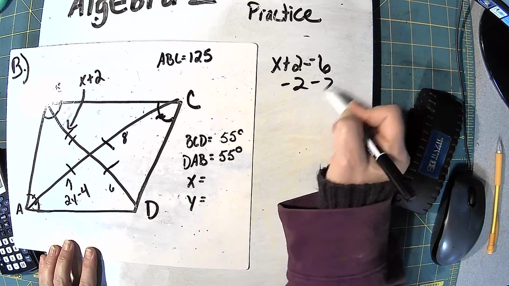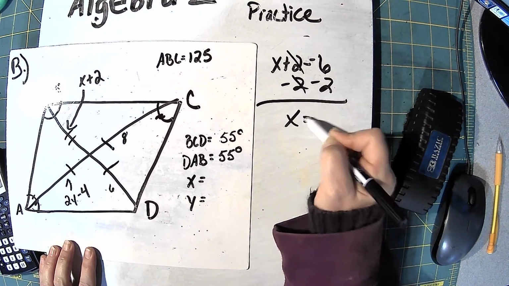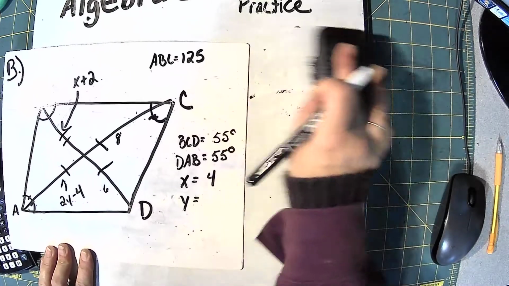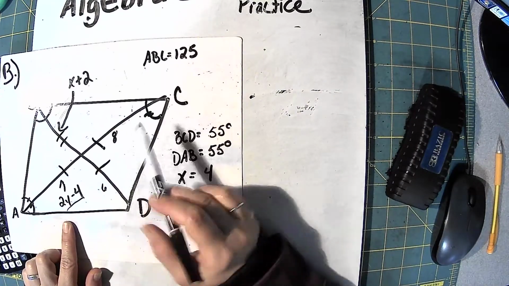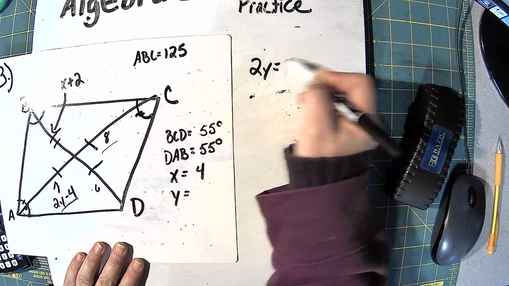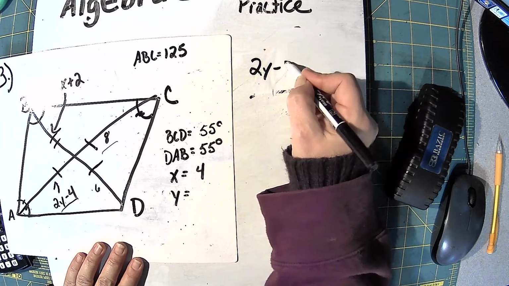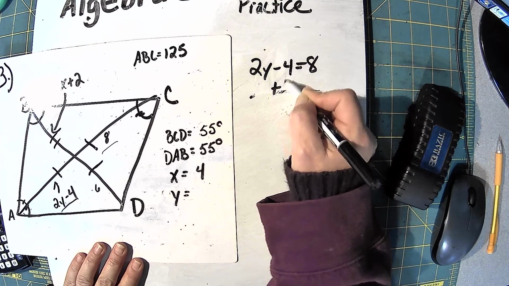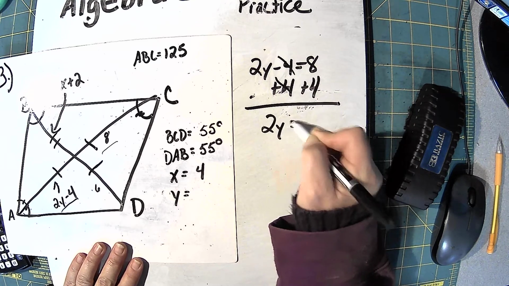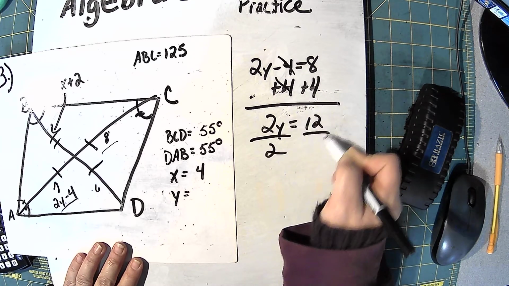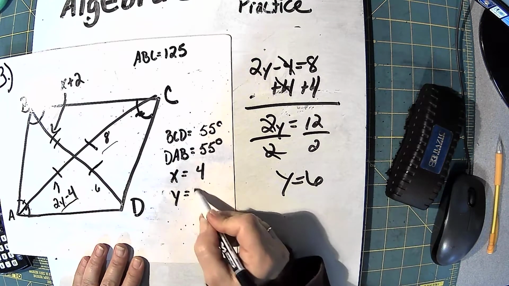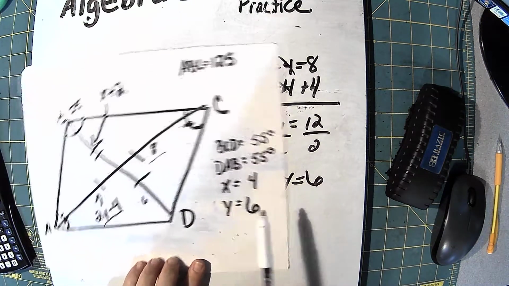Minus 2, x equals 4. Now we'll find y. So 2y minus 4 equals 8. So now we plus 4, and we'll divide by 2. And we get 6. So that's the answer to B.